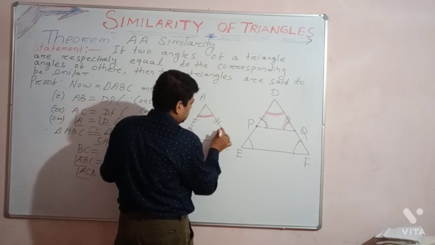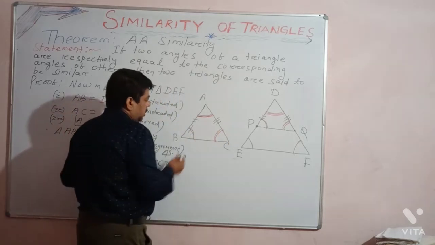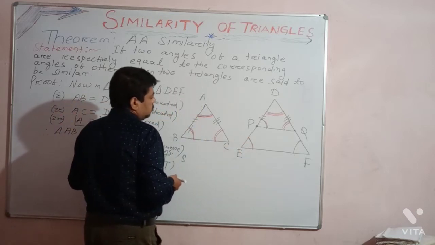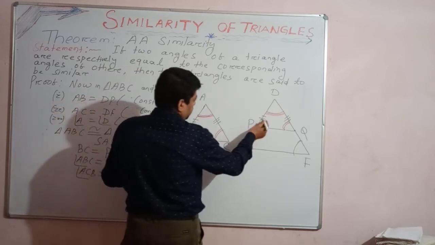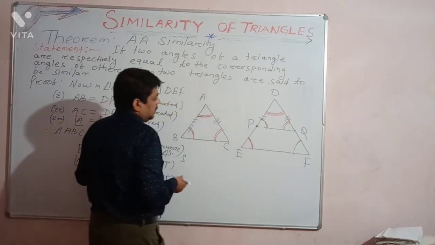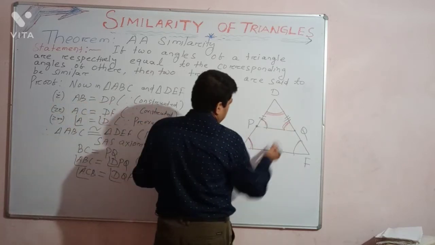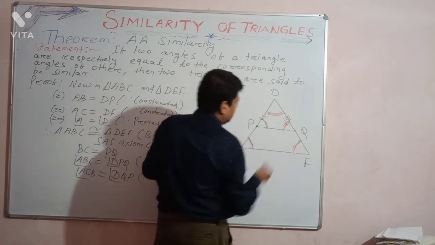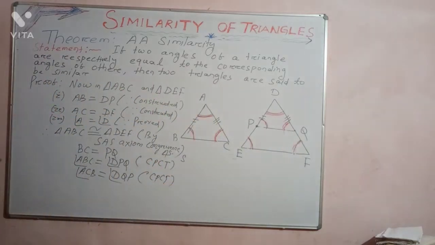But it is given that angle B is equal to angle E, so angle P must be equal to angle E. Similarly, angle C is equal to angle Q, but given that angle C is equal to angle F, so angle Q must be equal to angle F.